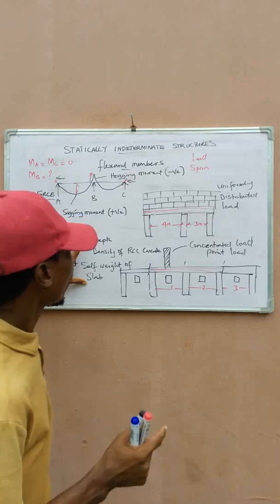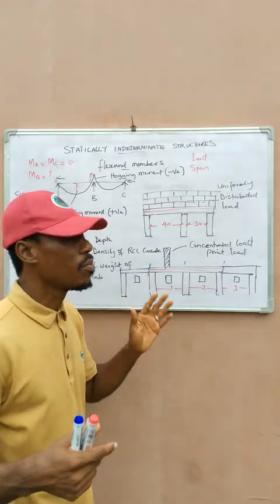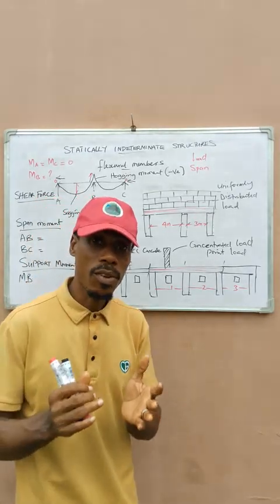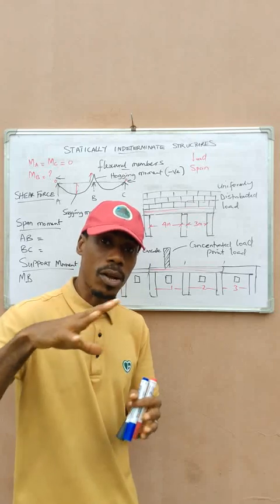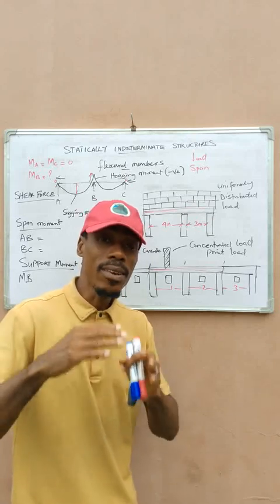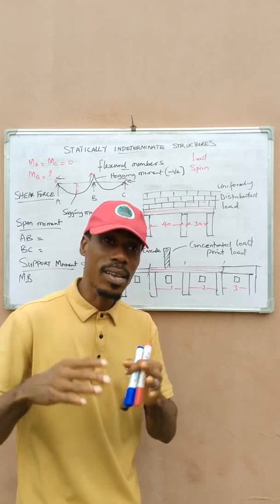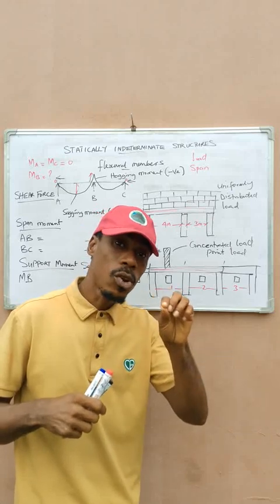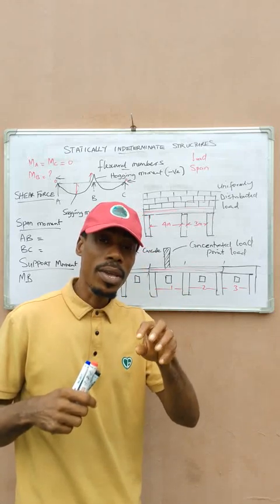Then, like I said, the next video that will be coming up will give us the mathematical aspect of it. Understand that the values used for the calculation are just assumed values, but in the real sense, it is the actual load that you have generated or computed.